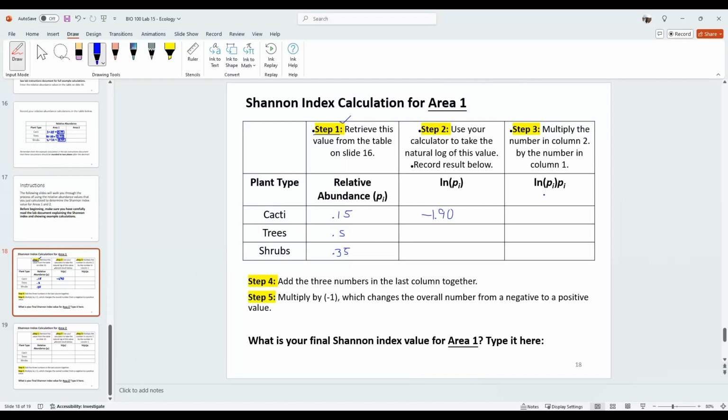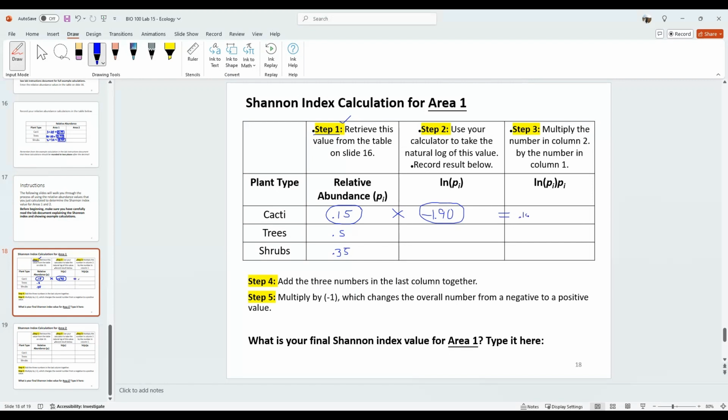And then the last step here is we will take this number right here and we will multiply it by this number. And that's what gives you what goes in this final box here.